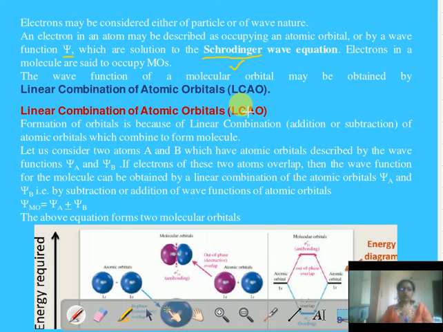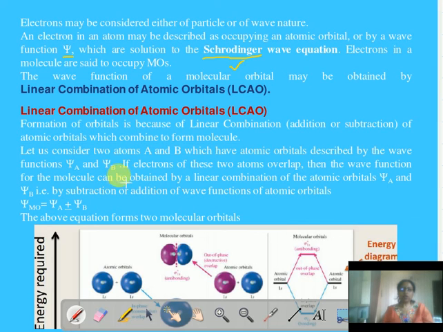First we have the wave functions for the atoms, and when we combine these wave functions for the atoms, we get the molecular orbital wave functions. That happens due to the linear combination of atomic orbitals.